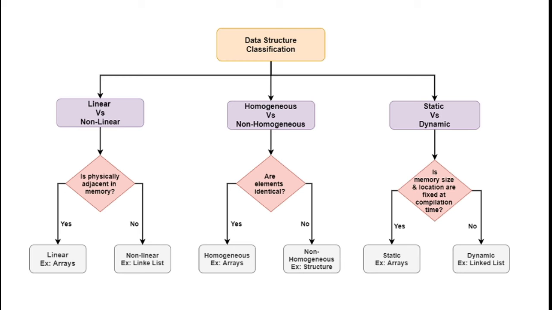On the other hand, in a non-homogeneous data structure, each element constituting the data structure is of a different type. If you take the case of a structure or record, you can easily understand that each structure has different types of data.